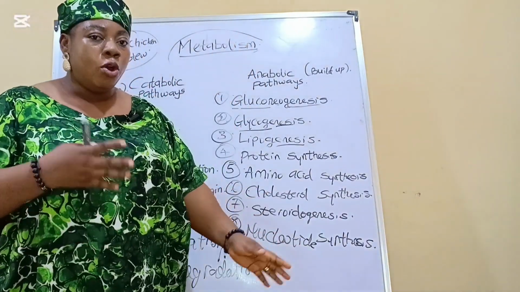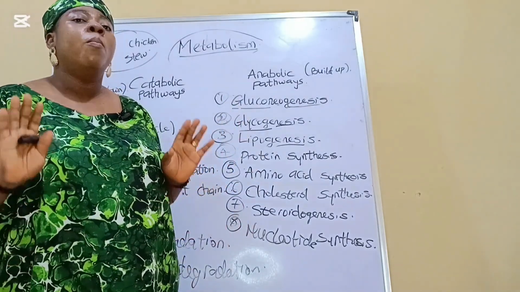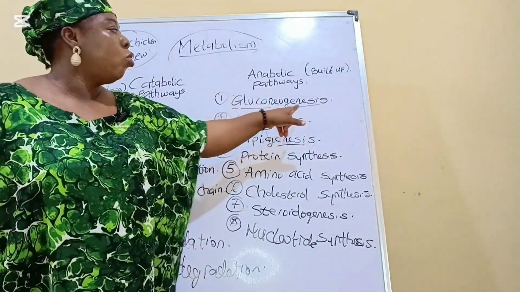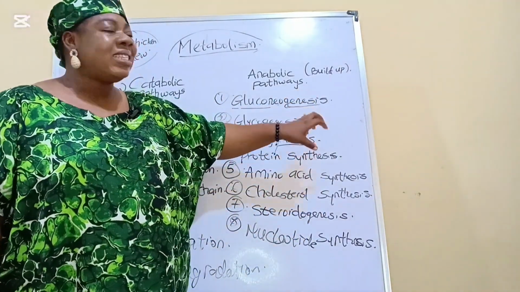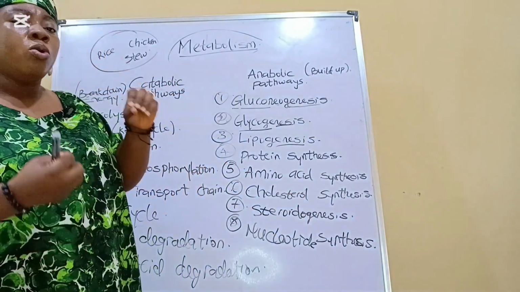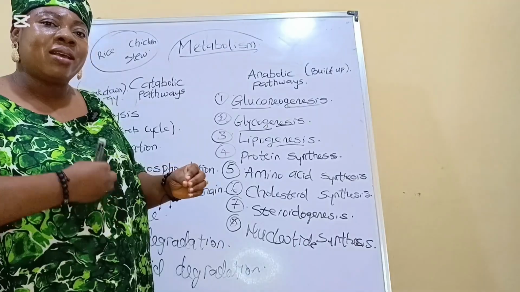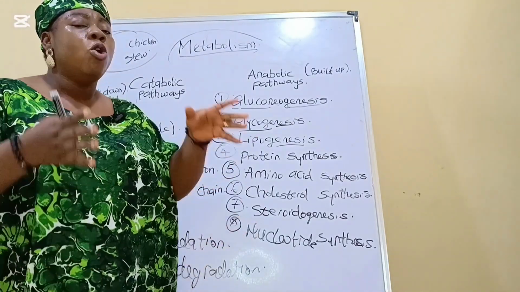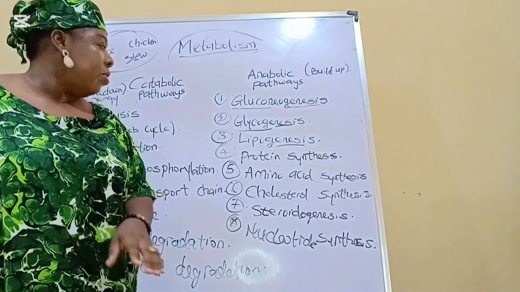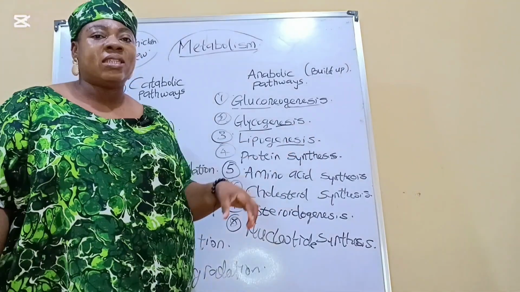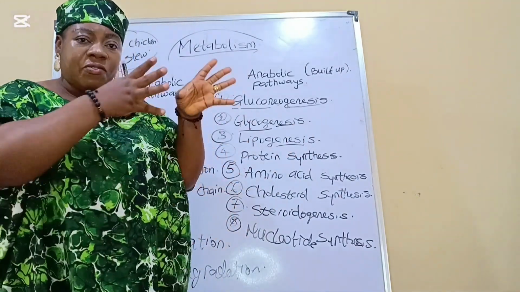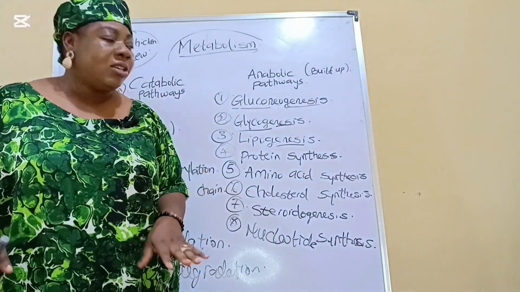Anabolic pathway is the build up to get a new product. Number 1, gluconeogenesis, where we are getting glucose from non-glucose sources. Number 2, glycogenesis, where there is conversion of glucose to glycogen for storage. Another one, lipogenesis, where we synthesize fatty acids and triglycerides.